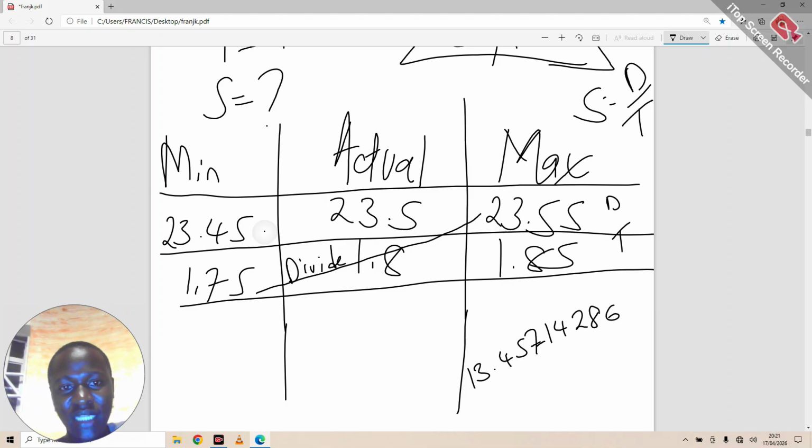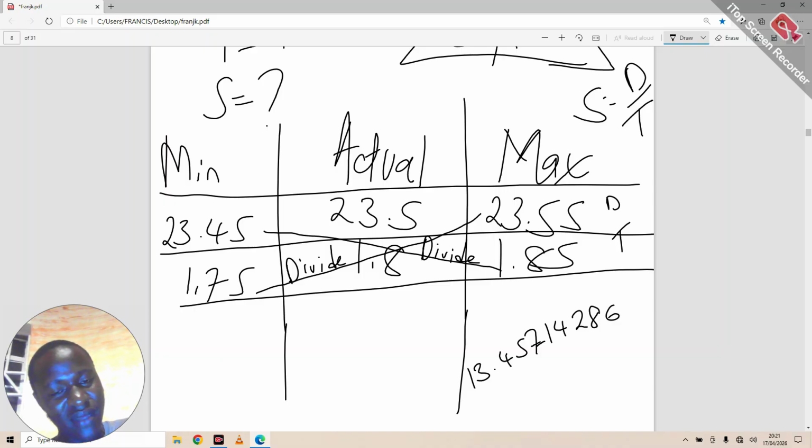Under the minimum, the same. You start from the top all the way to the bottom part. And what do we do? We divide. It is not necessary to write divide as long as you understand what you are doing, but again, it's just a tip I'm giving out. So 23.45 divided by 1.85.